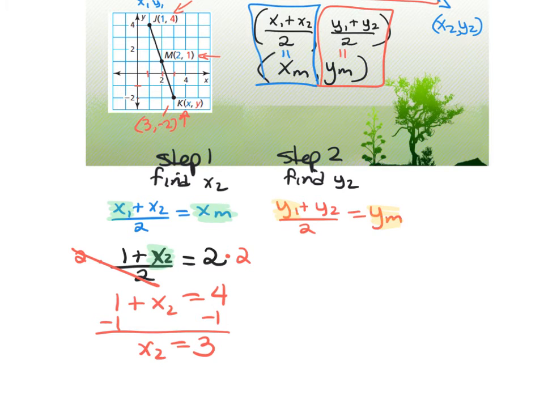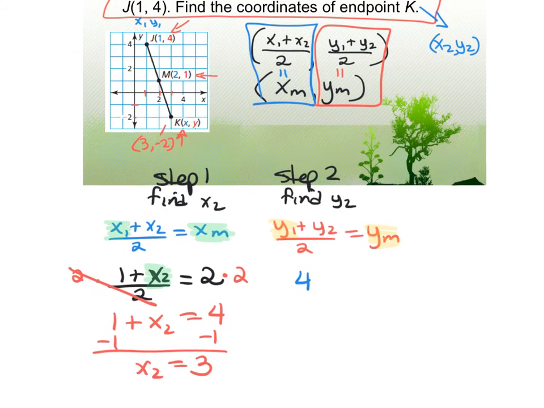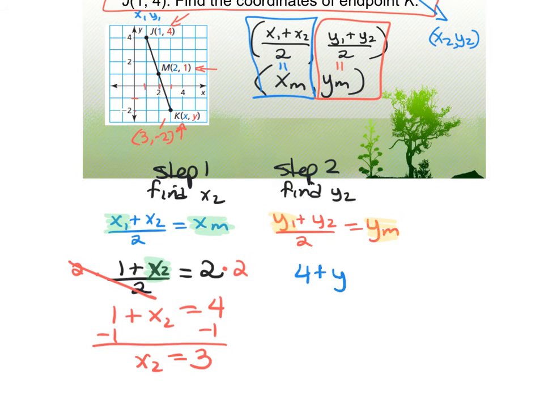Now I'm going to do the same thing for the y. My y1 is 4. I don't know y2, and the y of my midpoint is 1. I'm now going to multiply both sides by 2 to get rid of the fraction, and I'm left with 4 plus y2 equals 2.